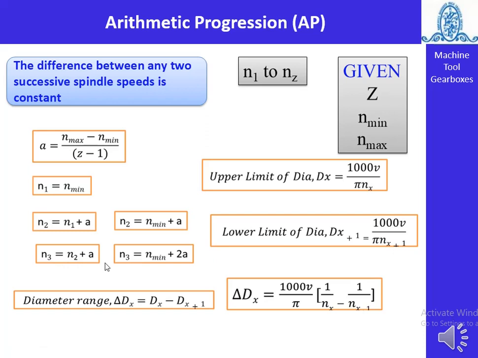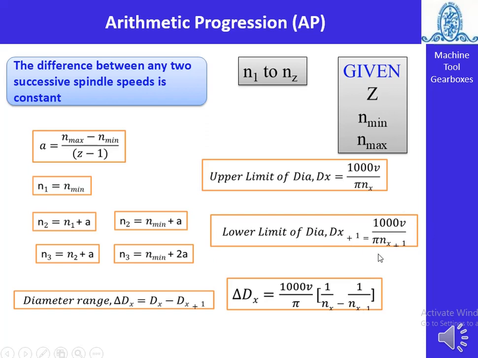From this we will calculate which diameter can be turned on that machine tool, that is dx. From the pitch line velocity we have v is equal to pi d n upon 1000. So dx is equal to 1000 v upon pi into nx. The lower limit of diameter, that is dx plus 1, is 1000 v upon pi into n x plus 1.